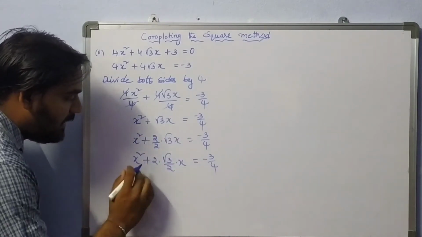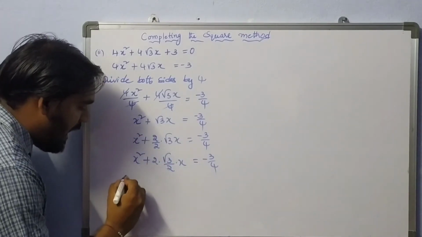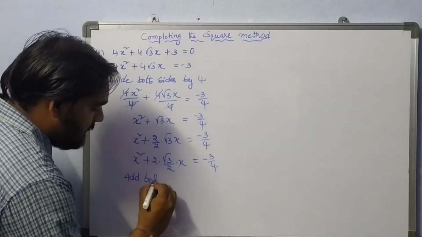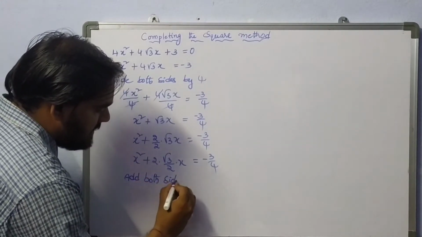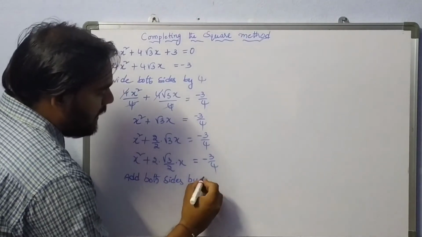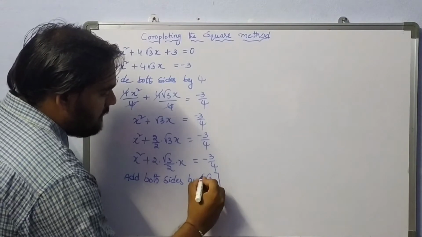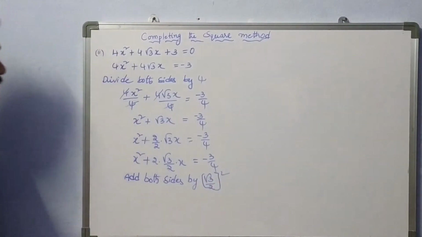So that only here we need to add both sides by root 3 by 2 whole square. Root 3 by 2 whole square.